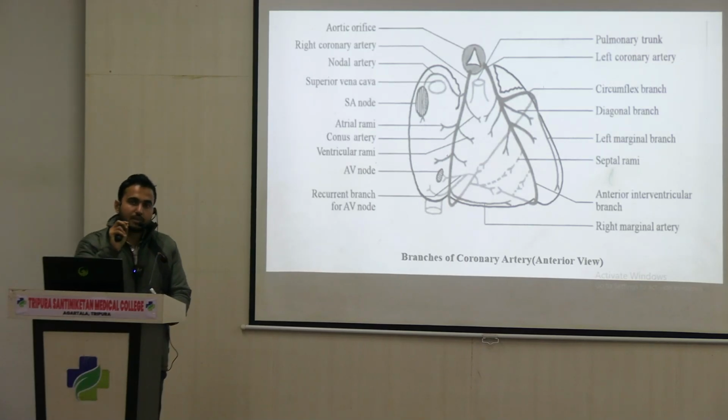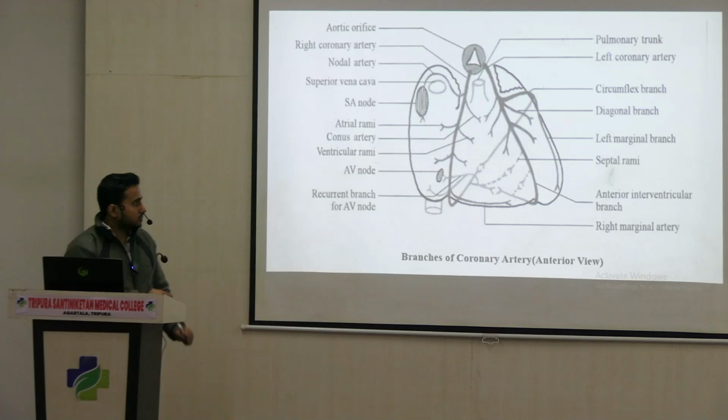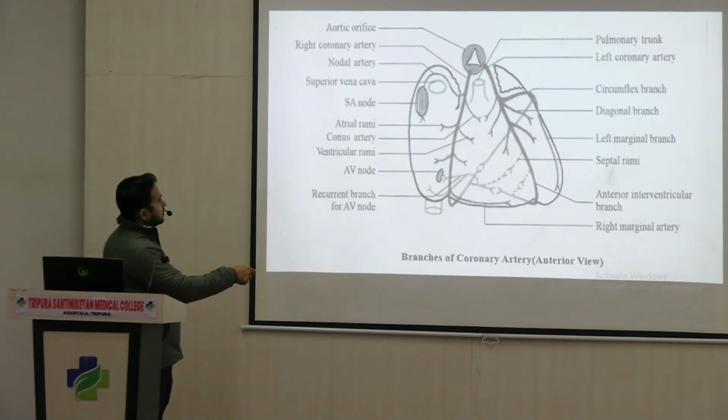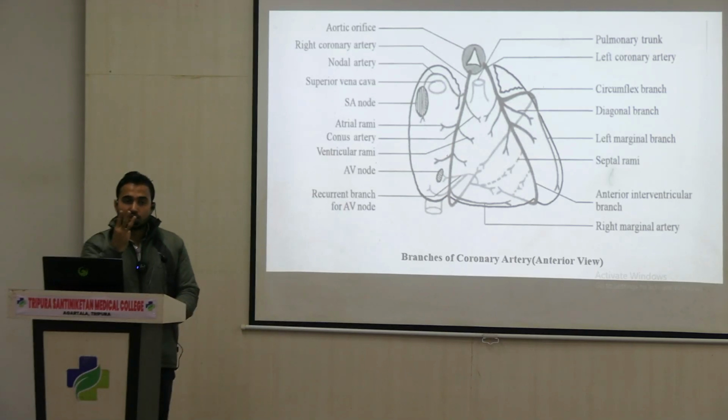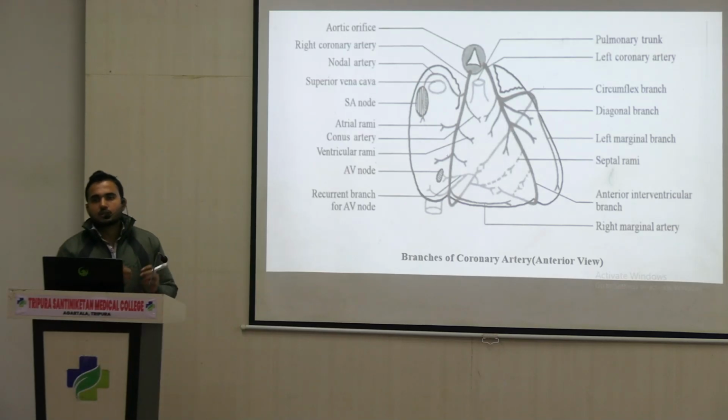But don't write that three coronary arteries are there. I have given you the situation when it is called the third coronary artery. Now this right conus artery is mainly supplying the infundibulum of the right ventricle.